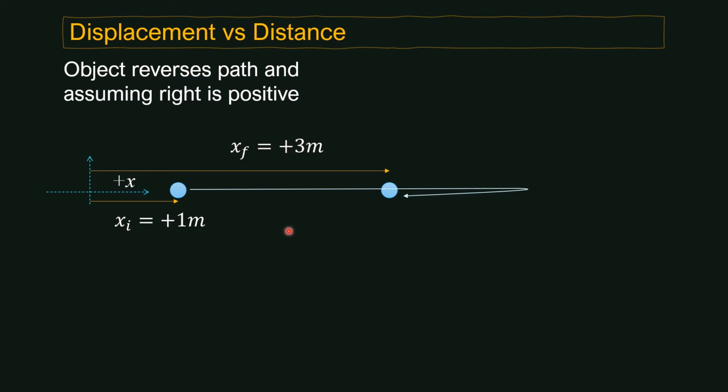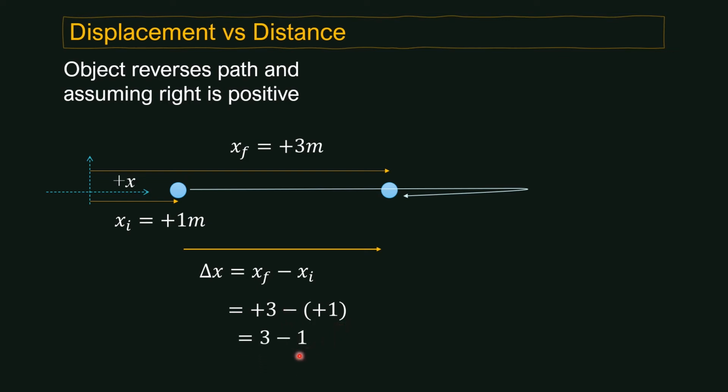Now we are ready to compute the displacement delta x using this formula. Final position minus initial position. By replacing the positions with value with proper sign, in this case, positive 3 for the final position and positive 1 for the initial position, and I am simply copying the negative sign.